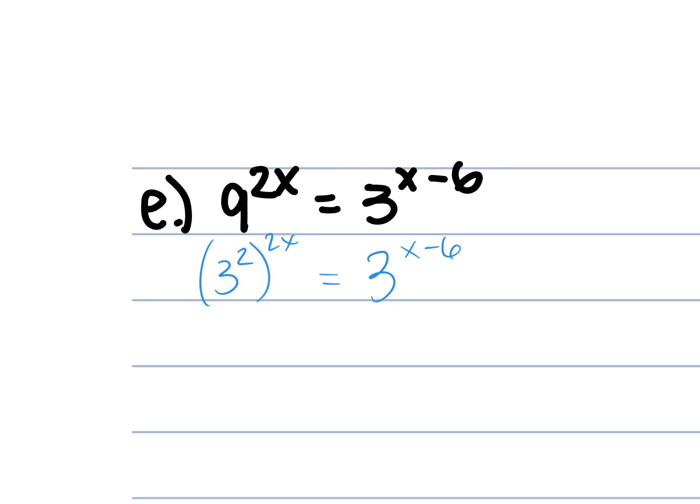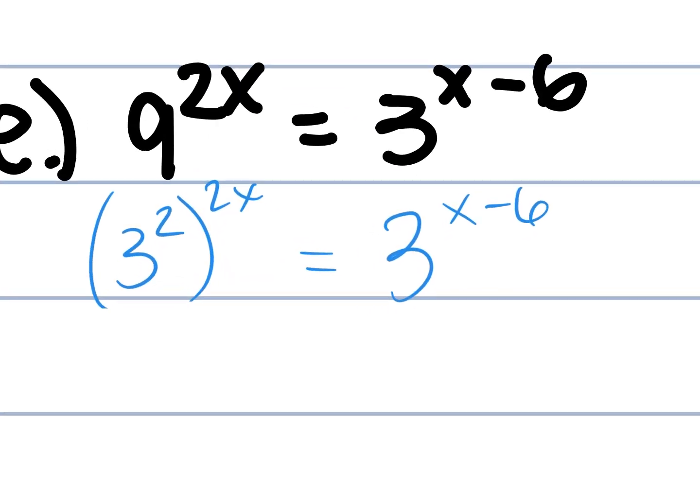Okay? What do I do now? Not yet. You can't set up an equation yet. Caitlin, why did I put 3 squared? What is 3 squared? You gotta distribute the parentheses. What do you mean by distribute? What operation is there, Michael? Multiplication. All right, what's 2 times 2x? 4x.